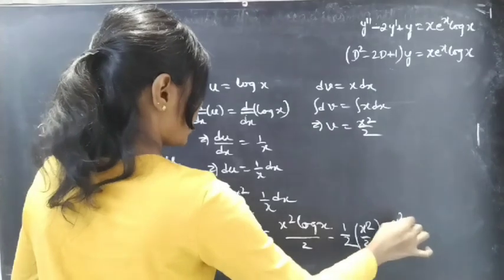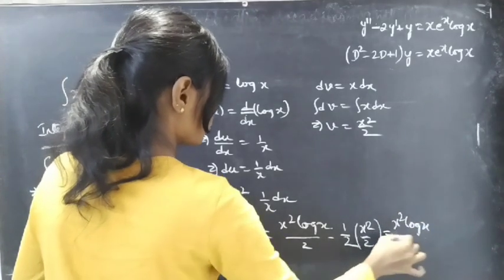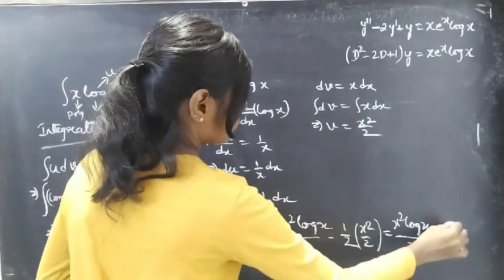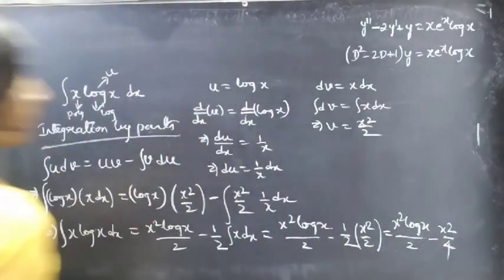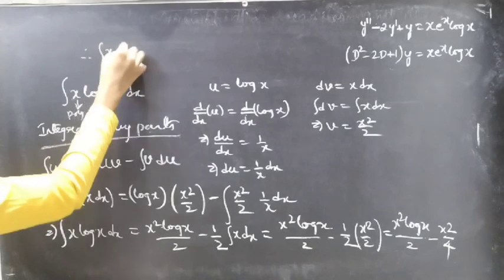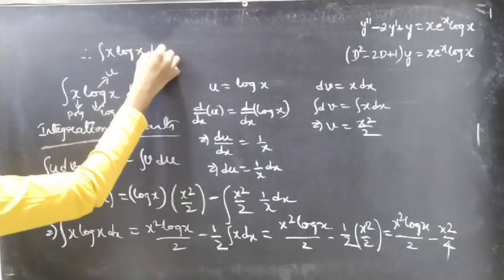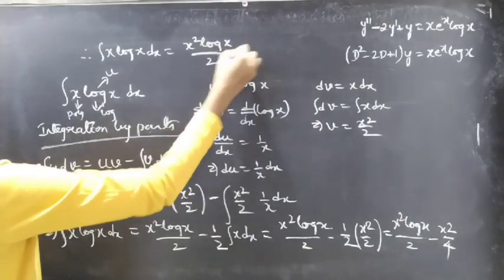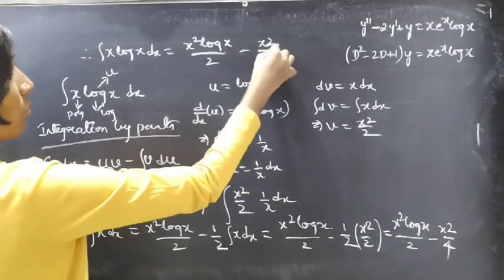This gives us x square log x by 2 minus x square by 2 times 2, which is 4, right? Therefore, integral x log x dx equals x square log x by 2 minus x square by 4.